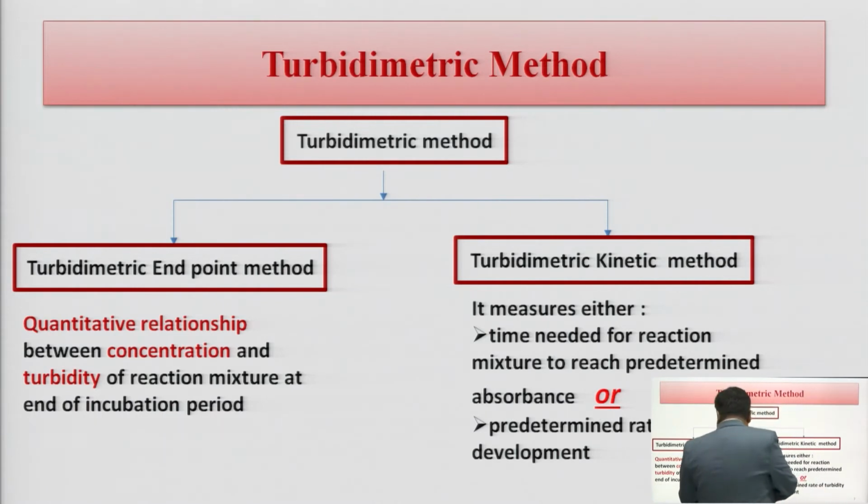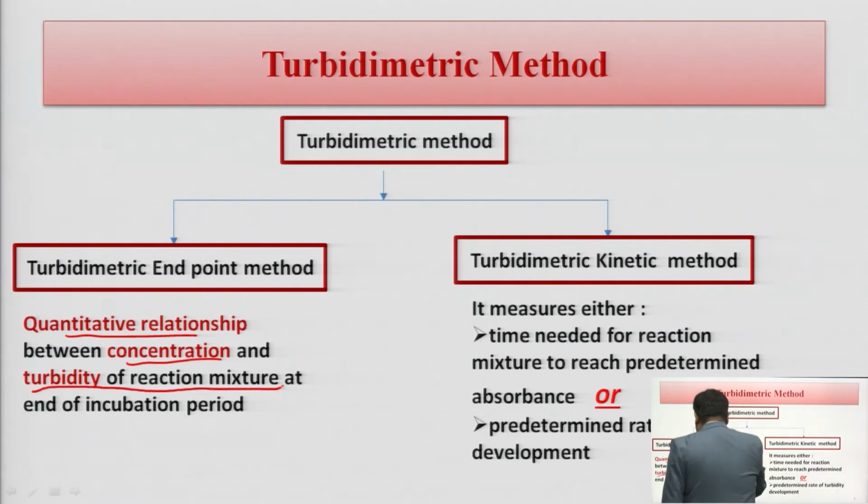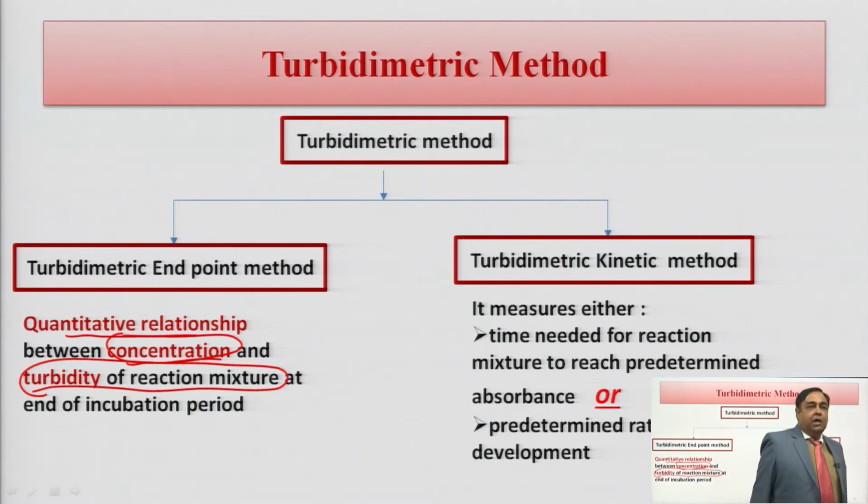In the turbidimetric endpoint method, there is a quantitative relationship between the concentration of the endotoxin and the turbidity of the reaction mixture. There is a direct relationship between the concentration of the endotoxin and the turbidity of the reaction mixture produced at the end of the incubation process.